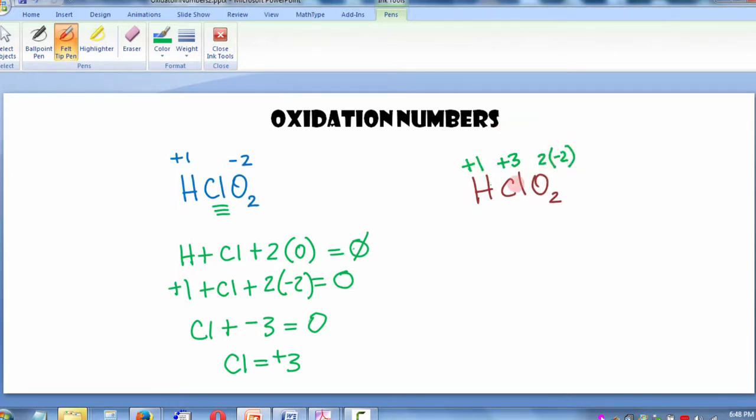So when we sum all these together, does that equal the overall charge of 0? Well, 1 plus 3 is 4, plus a minus 4 does equal 0. So we know the oxidation state of chlorine that we just found is correct.